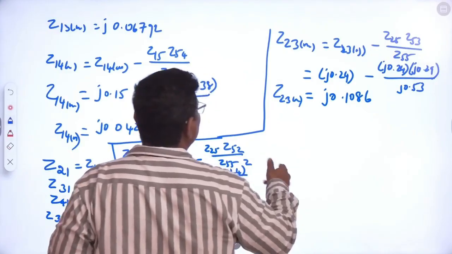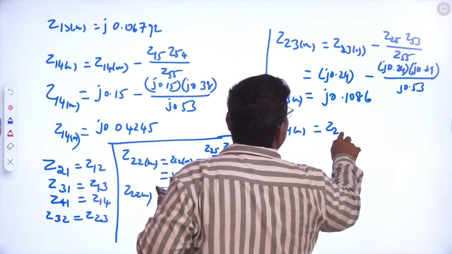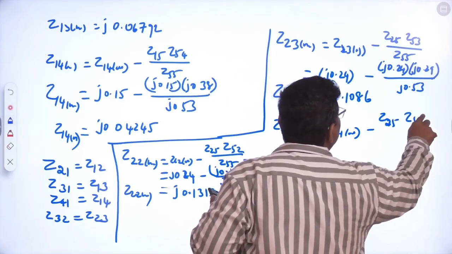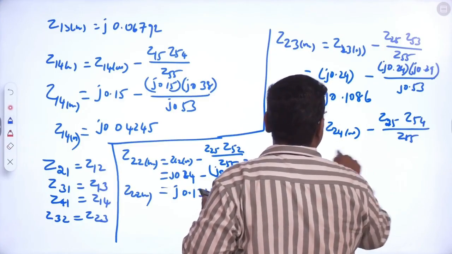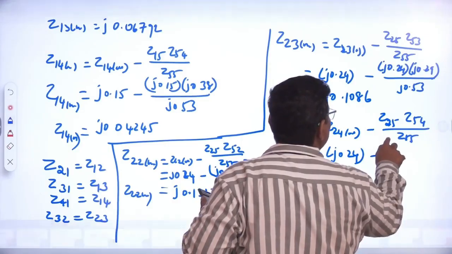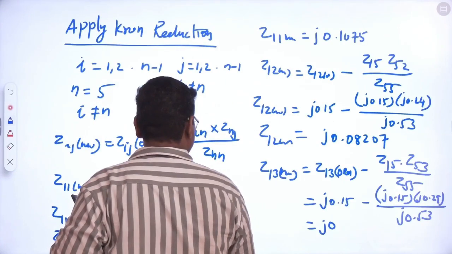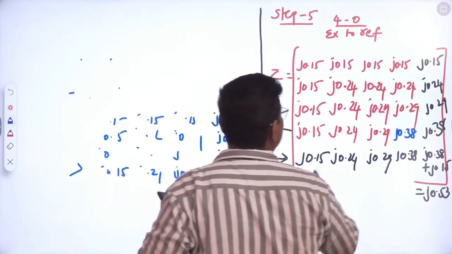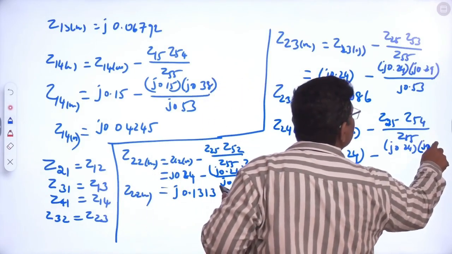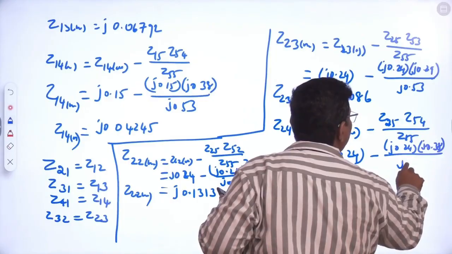So no need to find again Z32. And one more thing is Z24, right? Z24 new equal to Z24 old minus Z25 into Z54 divided by Z55. So Z24 value is 0.24 and Z25 value is also 0.24 into Z54 value is 0.38 divided by 0.53.